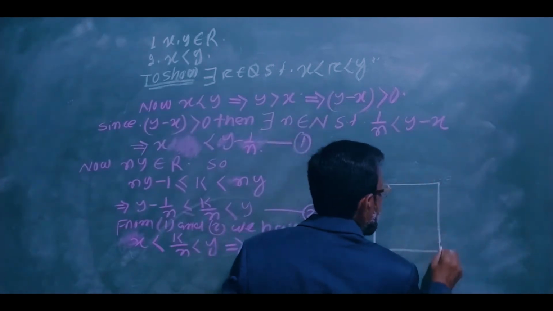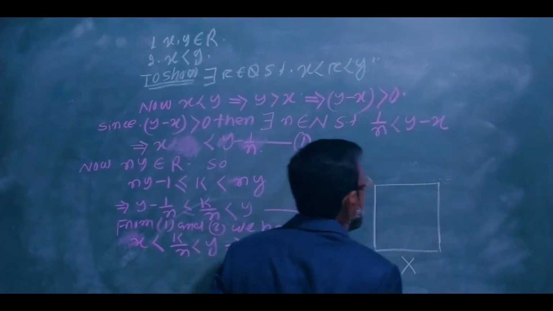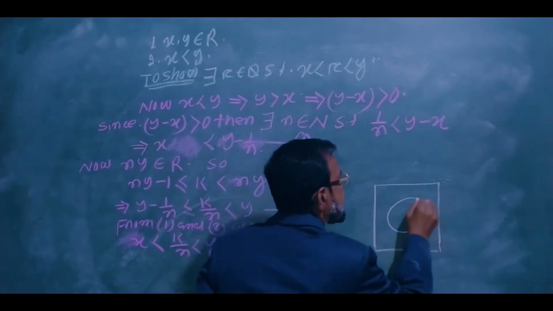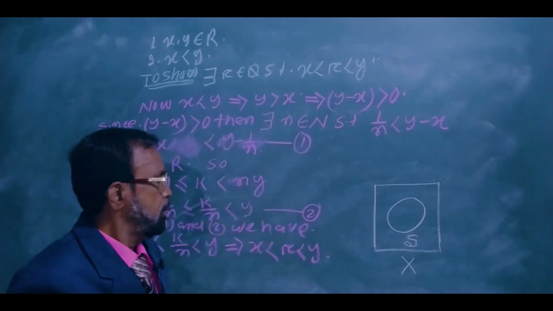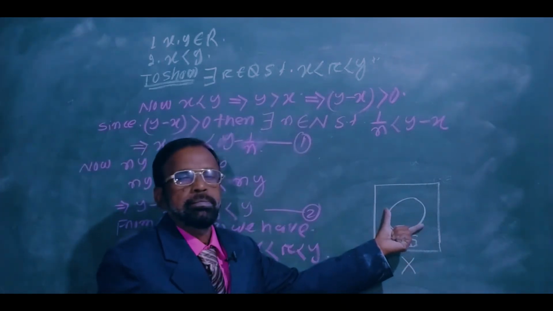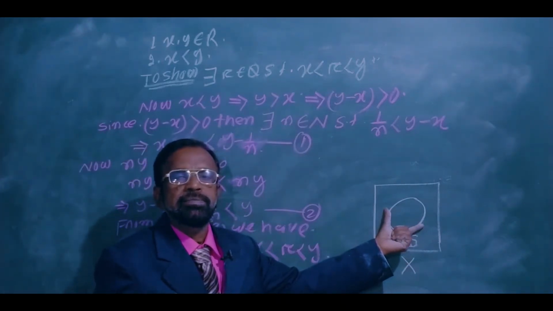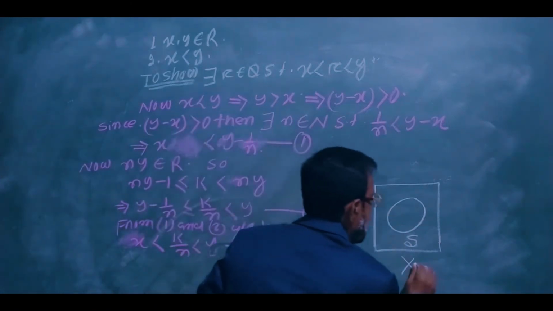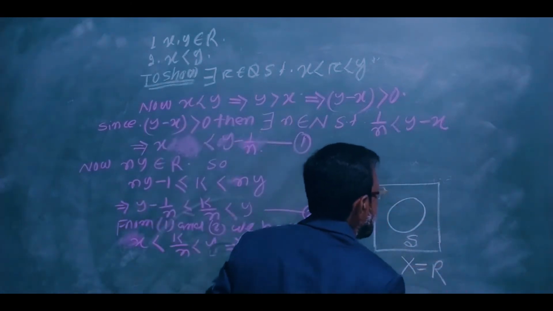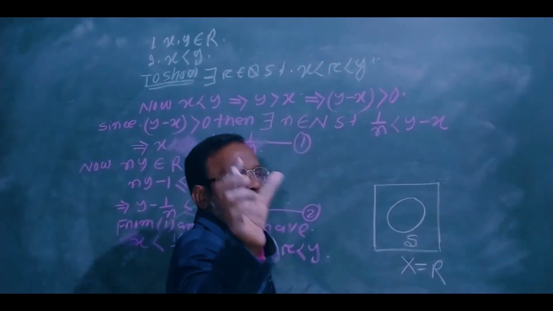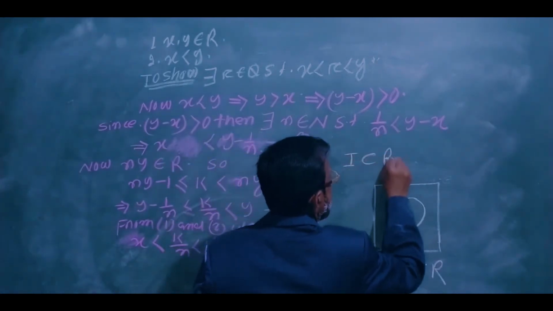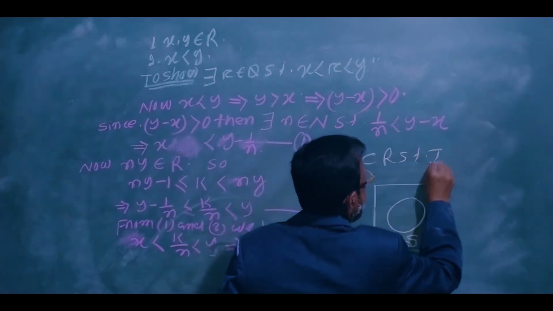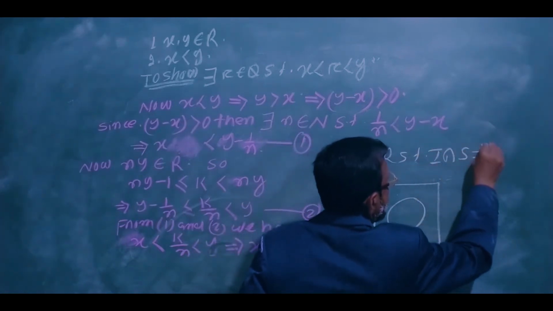field of real numbers or field of complex numbers, and S is any non-empty subset of X. Then we say that the set S is dense in R, the set of real numbers, if for every open interval I of R, I intersection S is not equal to empty set.